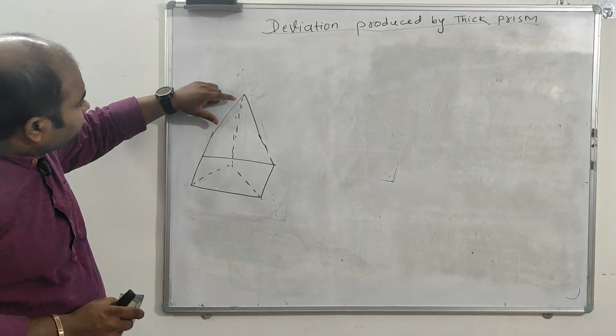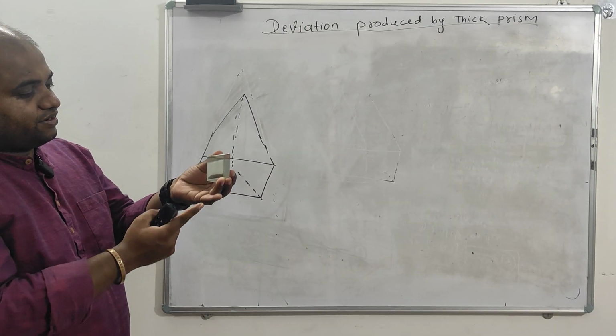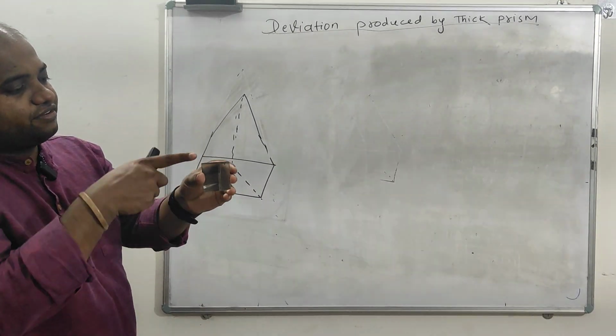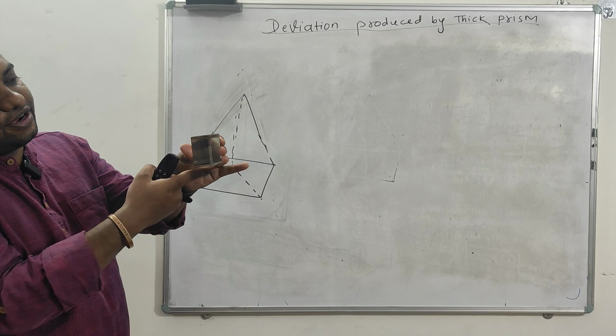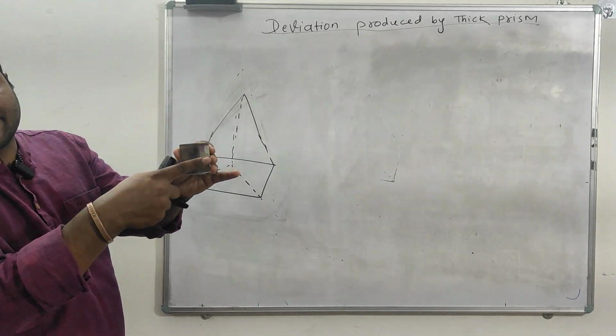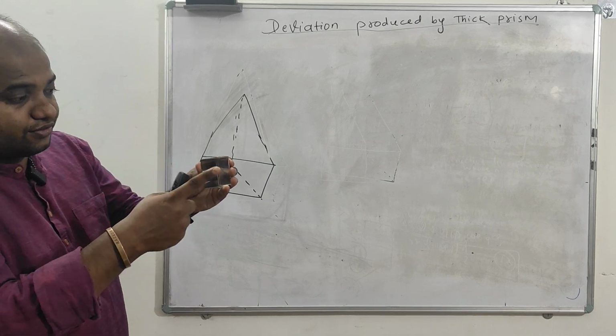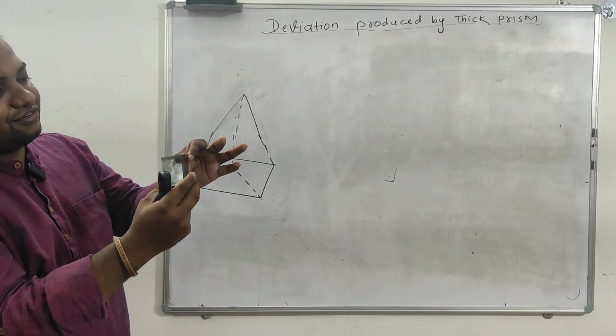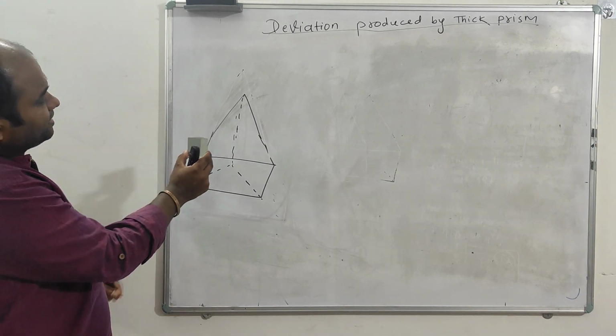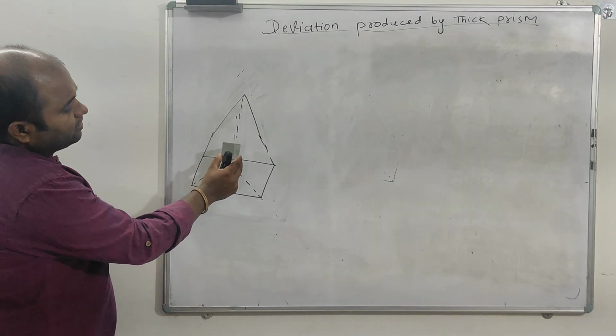Now see here, same diagram. One triangle is down, the other triangle is up. One rectangular surface is facing toward you, and the other two are inclined to form this angle. Same diagram I have kept here, right?